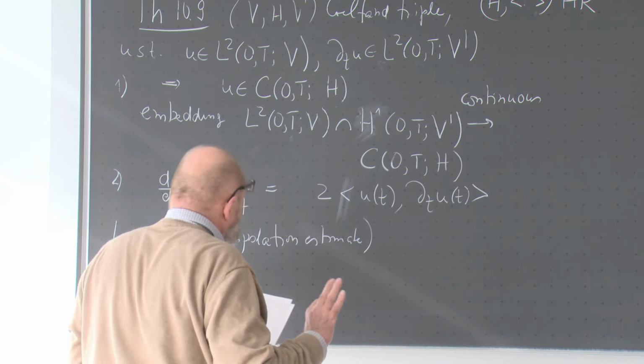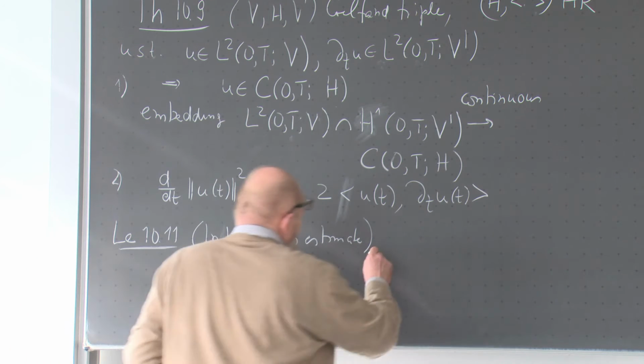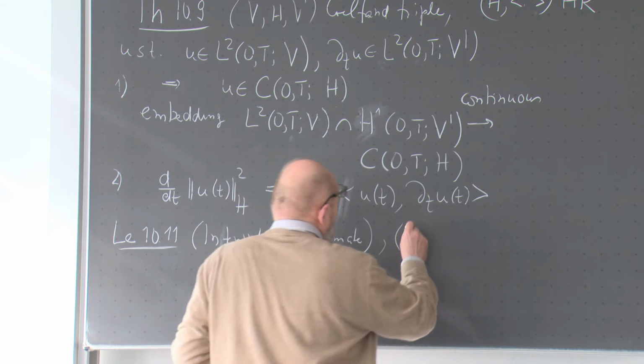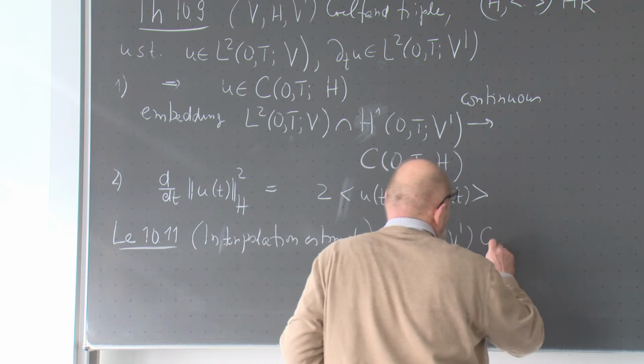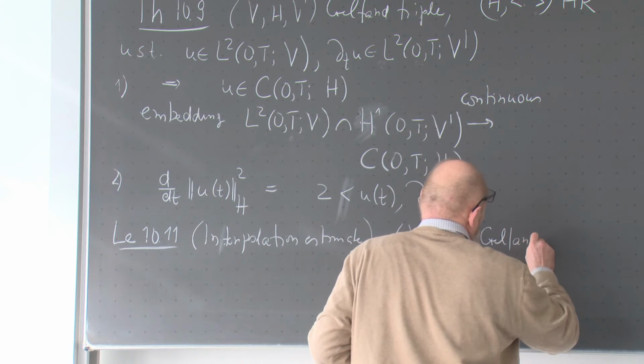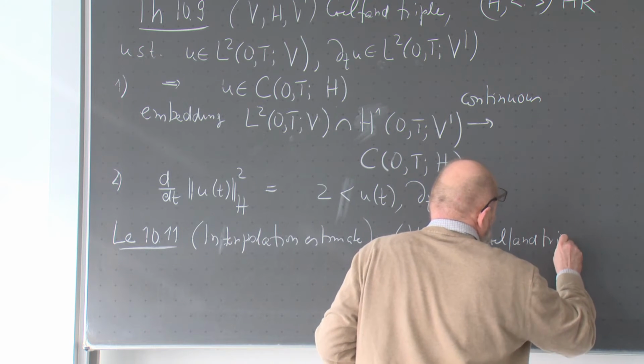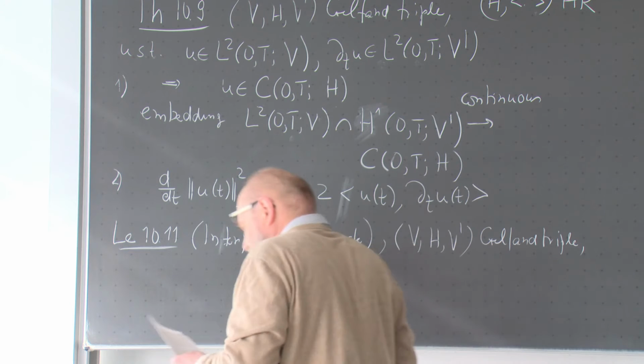One can reduce the assumptions a little bit, as I said already, but I'm not going to do that. I'm just saying Gelfand triple as above. So some things can be avoided. It's not so important now. You can look this up.